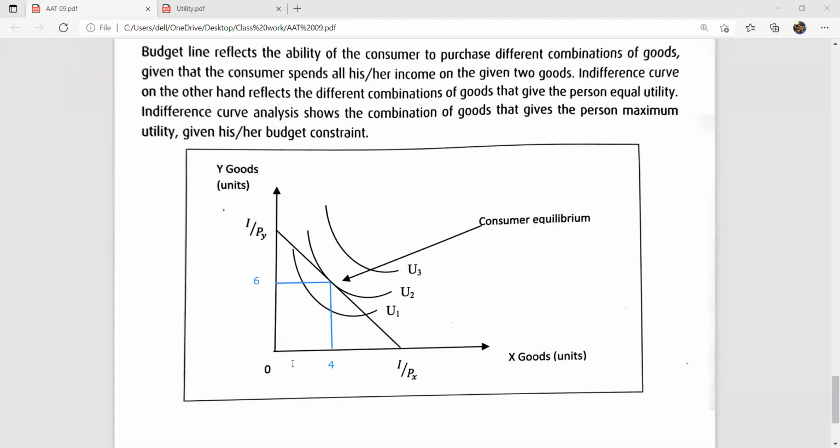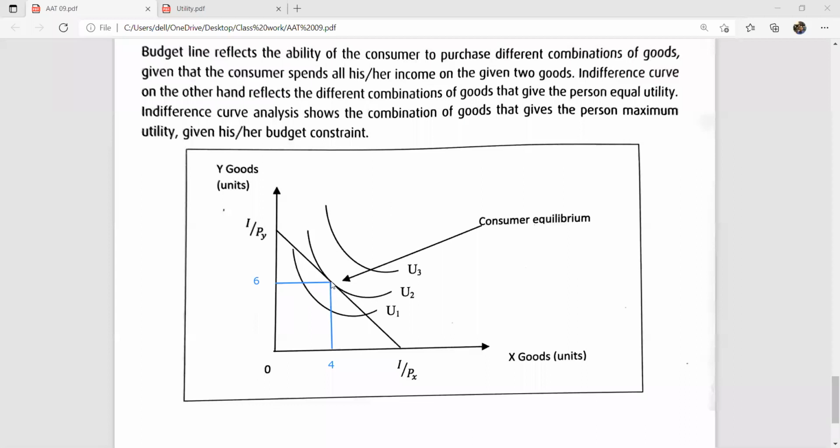The consumer does not buy any other combinations. Sometimes here 8 and 2, but the consumer doesn't buy. Why is that? The budget line means the ability to spend an amount on purchasing two goods, and at the same time the indifference curve also falls on the line.